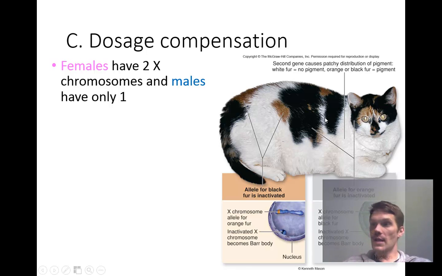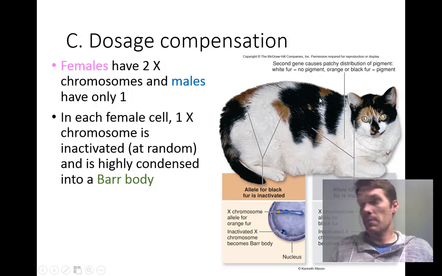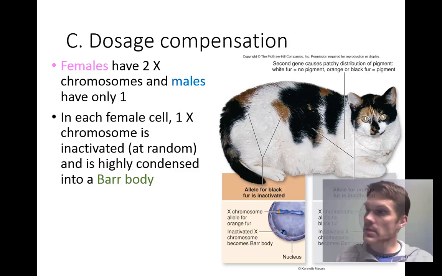So you can see this in the coloring of some cats, where the X chromosome that expresses brown pigment is expressed in some, and the chromosome that expresses black pigment is expressed in others, and so it gives it this brown and black splotchy appearance.